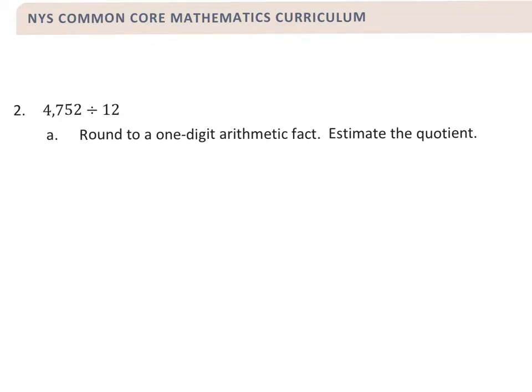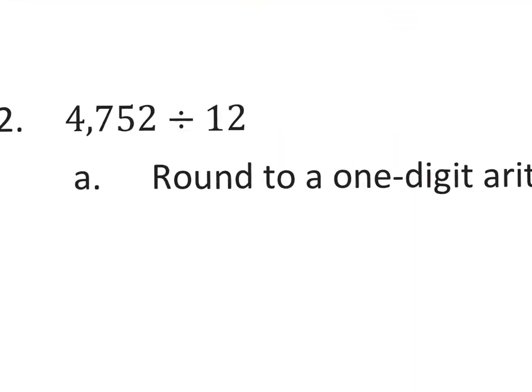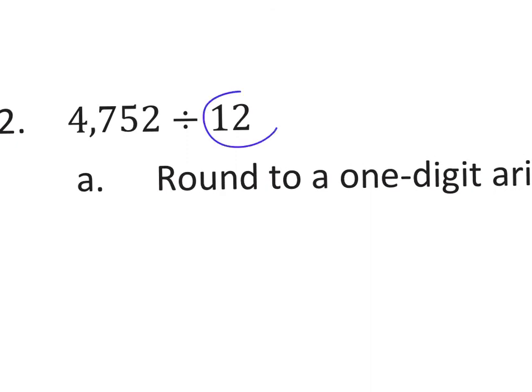So let's check out number 2. Why don't you pause the video and see if you can follow the directions and solve this one, then check back with me. So a lot of you probably looked right here at the 12 and said, well, that's pretty close to 10, so we're just going to do divided by 10.